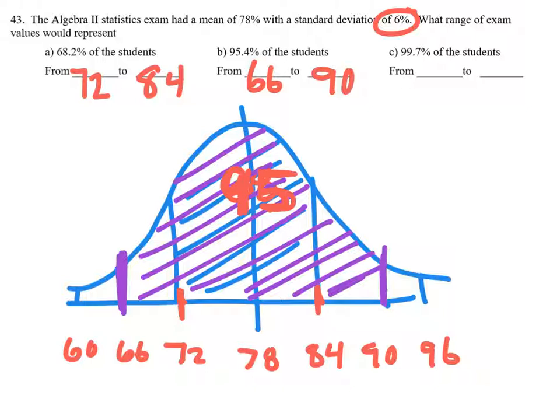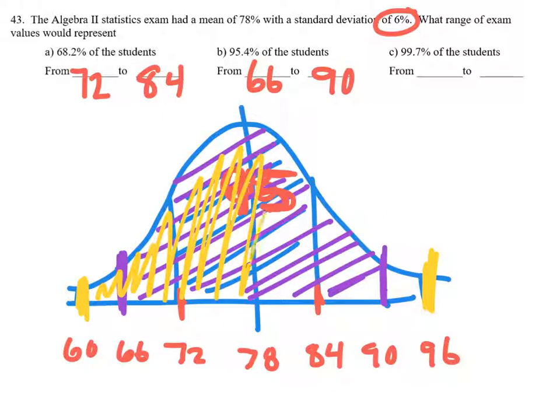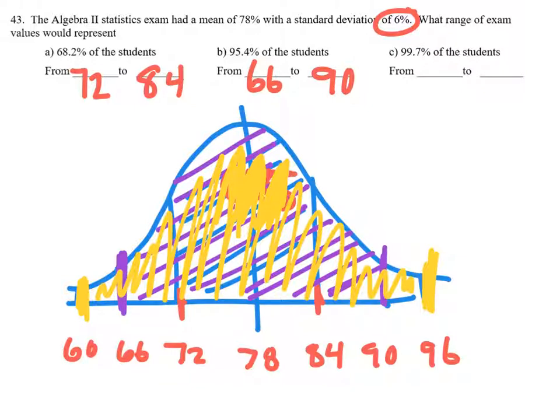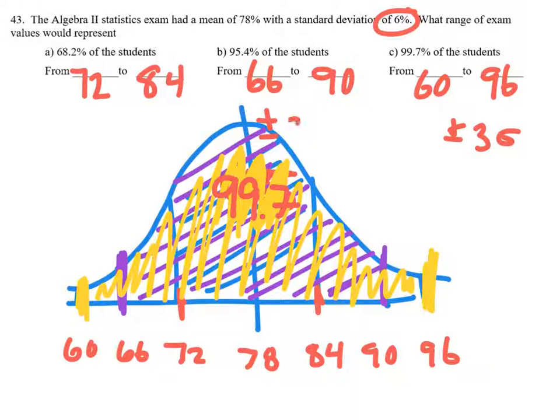And if you want to get all the way out to the third deviation, then this whole region here has to be taken care of, and in that case we get 99.7%. So that would be from 60 to 96. This is plus and minus 3 deviations. This is plus and minus 2 standard deviations. This is plus or minus 1 standard deviation.